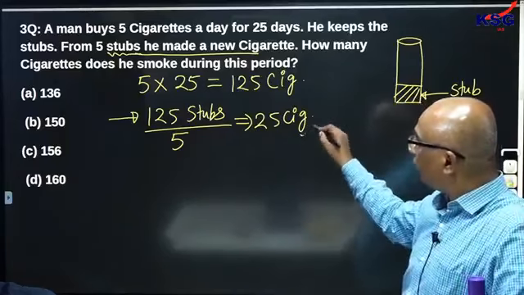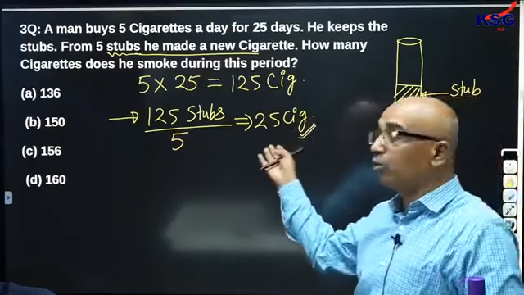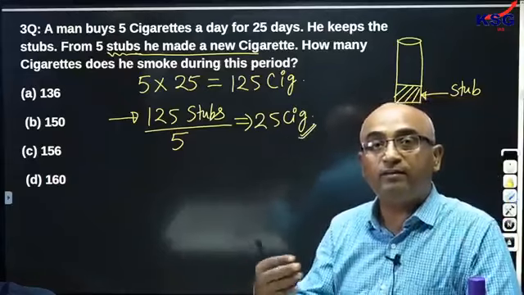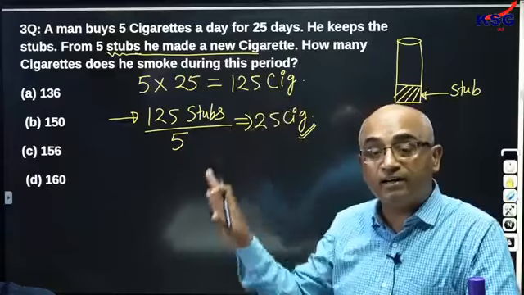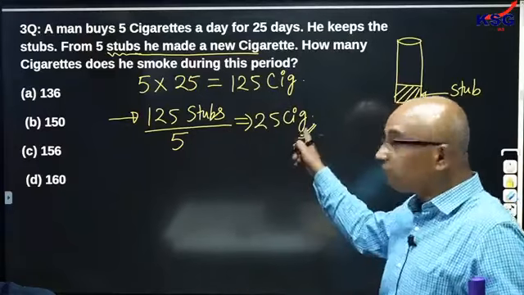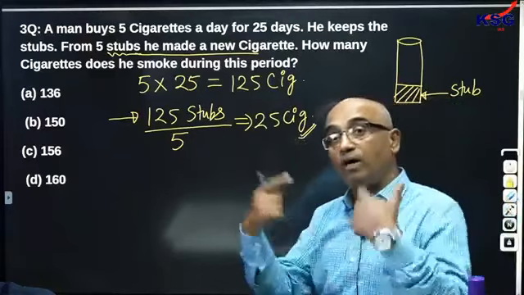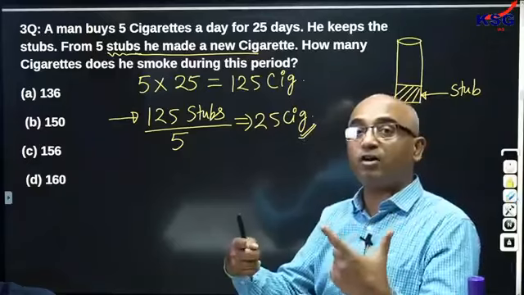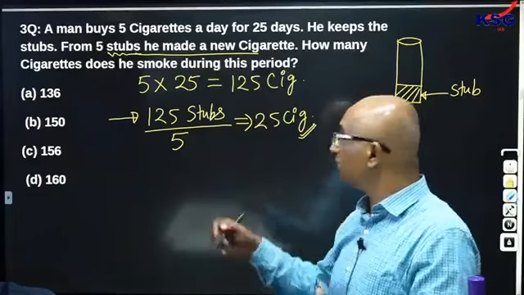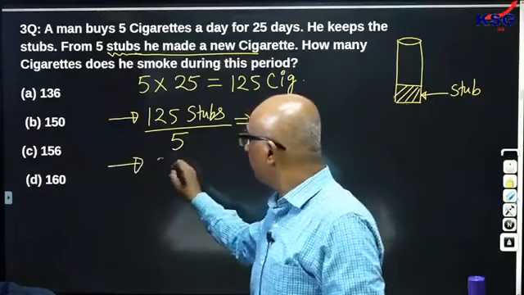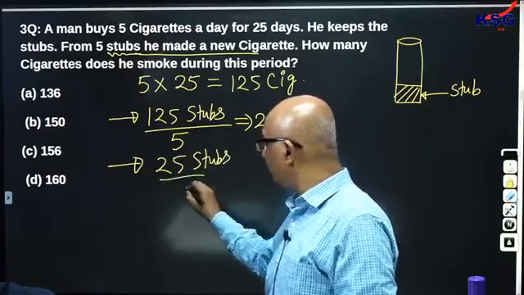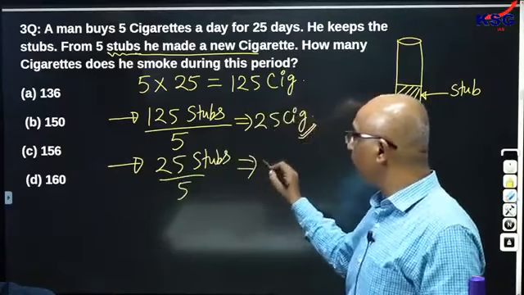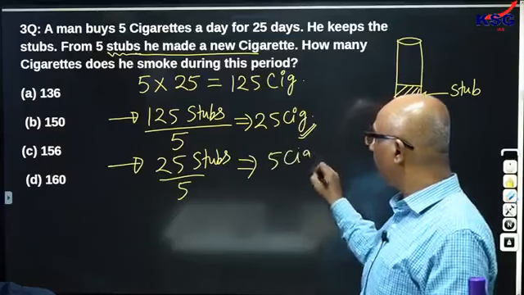After formation of 25 new cigarettes, after smoking these 25 new cigarettes, another 25 stubs will be formed. This is an imaginary question. So these 25 new cigarettes will form another 25 stubs. Right? Divided by 5, by joining 5 he gets one new cigarette. So 5 new cigarettes.